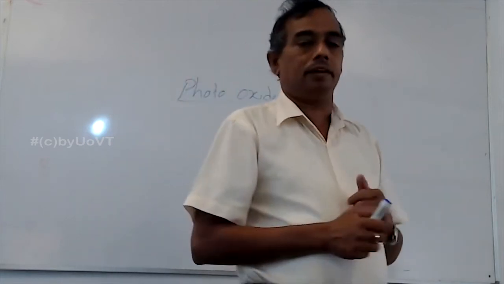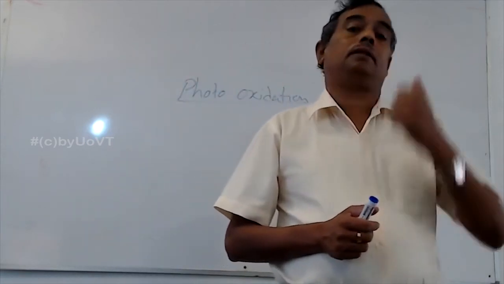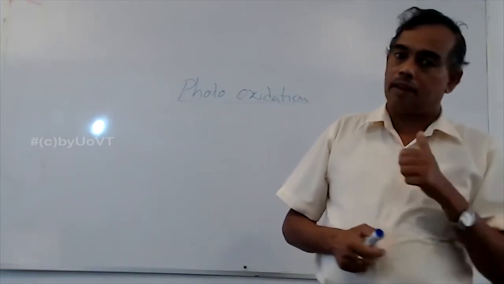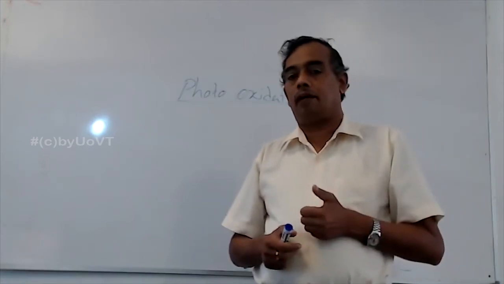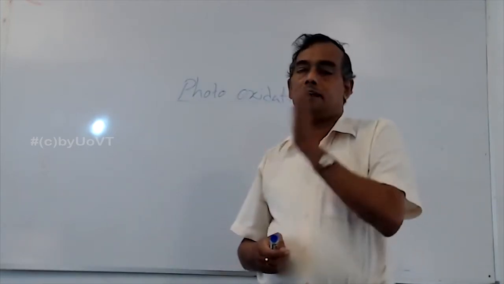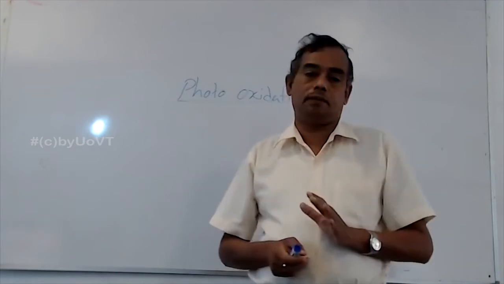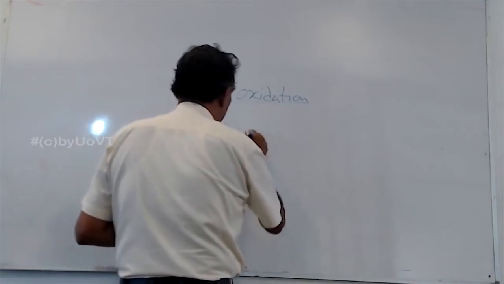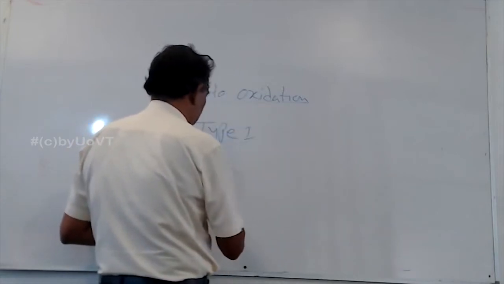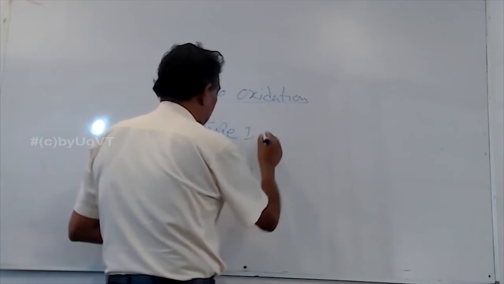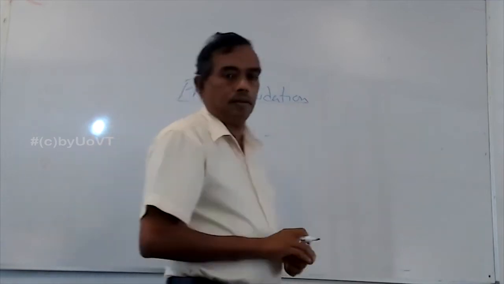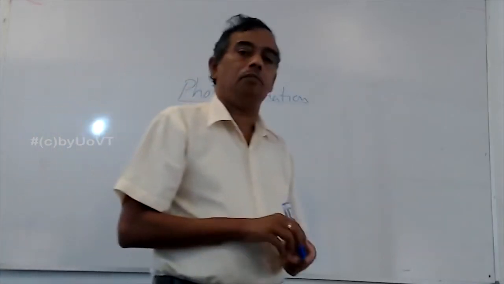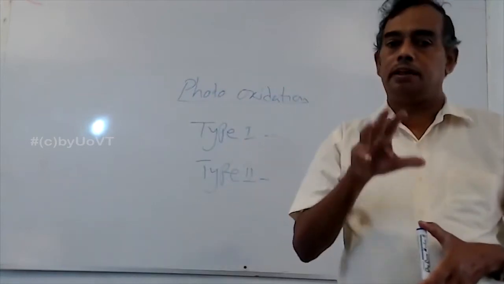Therefore, in photo-oxidation, we can identify 2 systems. We can name them the type 1 and type 2 systems. Remember, type 1 and type 2. All these systems are commonly identified as photosensitizers.